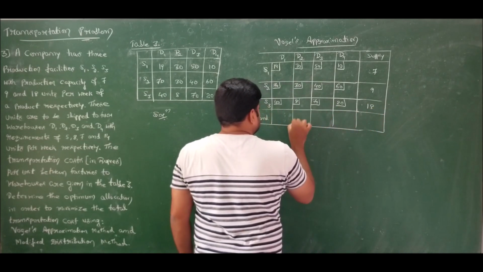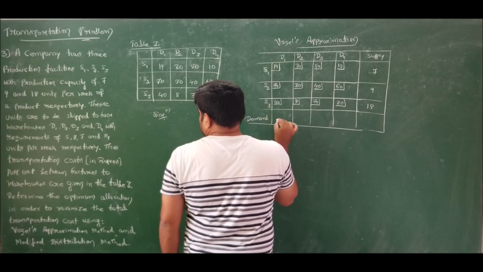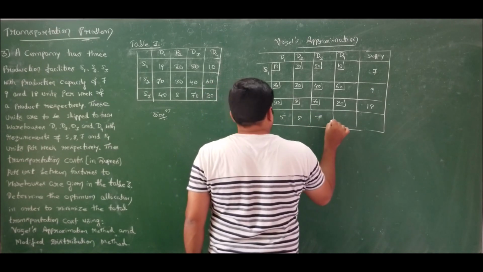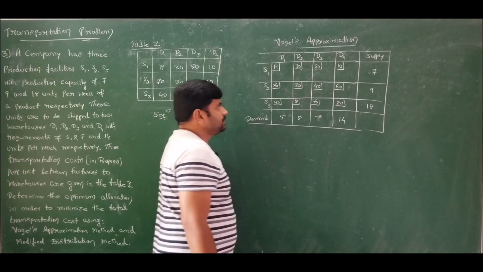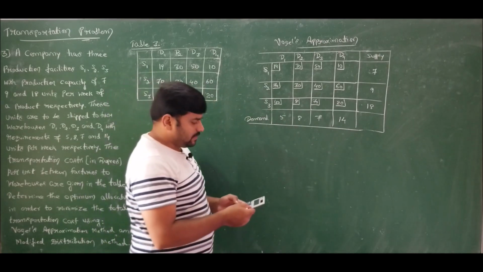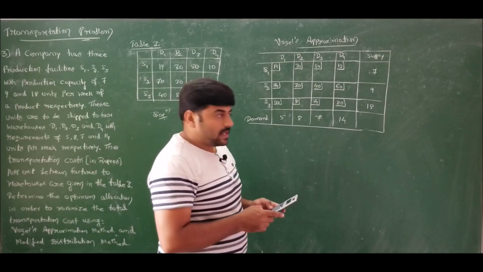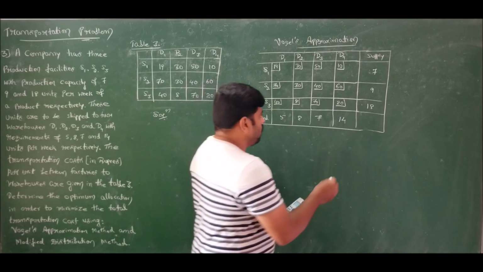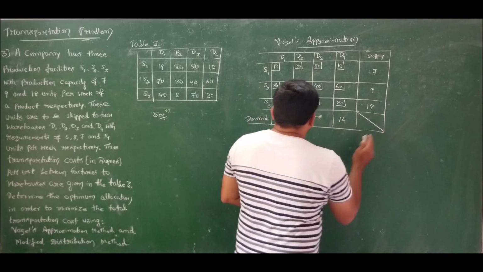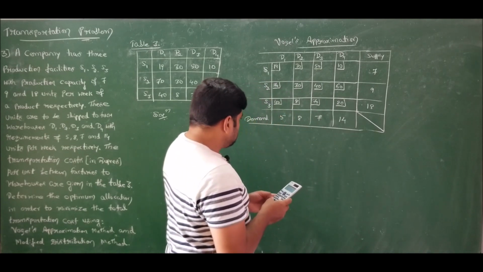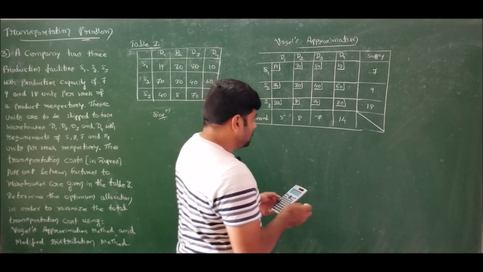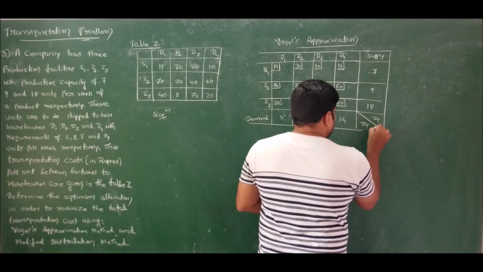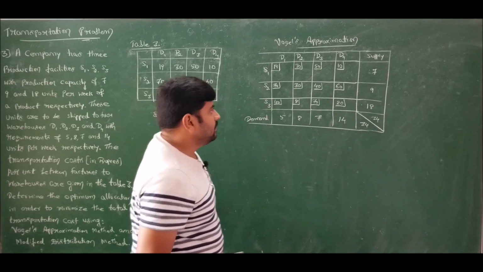Coming to demands or requirements, it is 5, 8, 7 and 14. Check whether it is a balanced problem or not, for which supply should be equal to demand. That is 7 plus 9 plus 18, which is 34, should be equal to the demand of 5 plus 8 plus 7 plus 14, which is also 34. So it is a balanced problem. We have supply equal to demand.